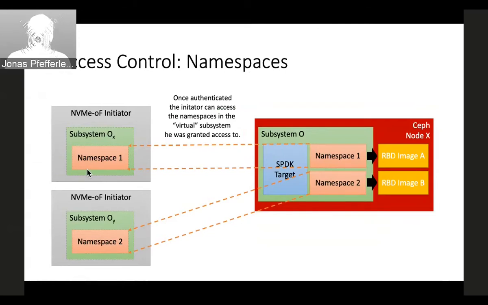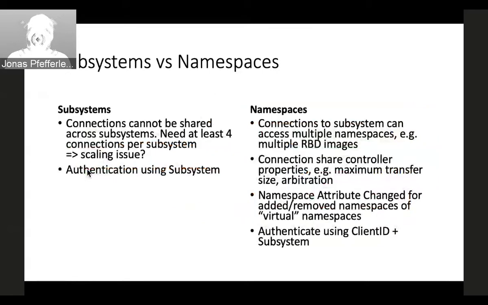And then I wrote down a few points that just came to my mind while creating these. Obviously, what we already talked about: the subsystem model means you need a lot of connections, at least 4 if you do multipathing per subsystem. So that could become a scaling issue depending on how many volumes you want to support, if you want to isolate every one of them in a subsystem.